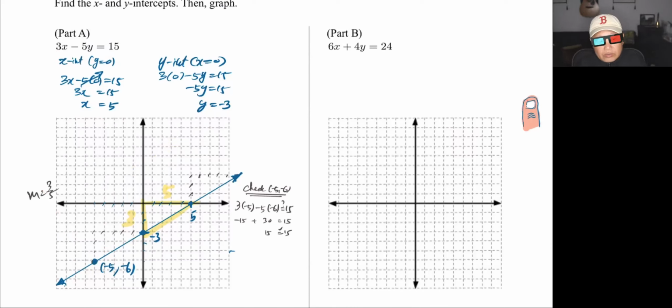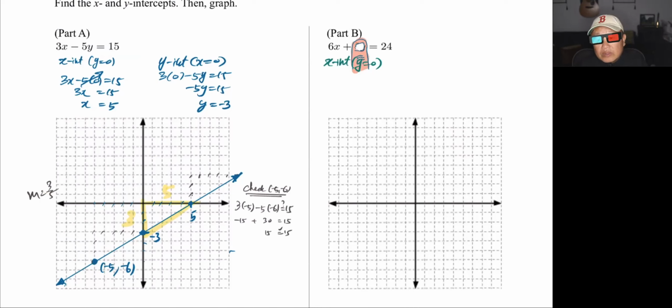Now, what you can do is, I'm going to do the same thing in part B, but slightly differently. Okay? So let us say that x-intercept, I still want you to write this out. X-intercept is when y equals 0. But what happens when you set y equal to 0? Put your finger over it or put a pencil over it, do whatever you like to do.